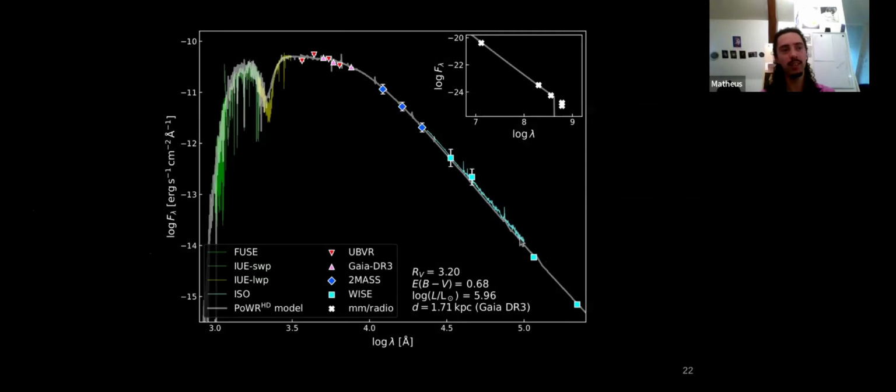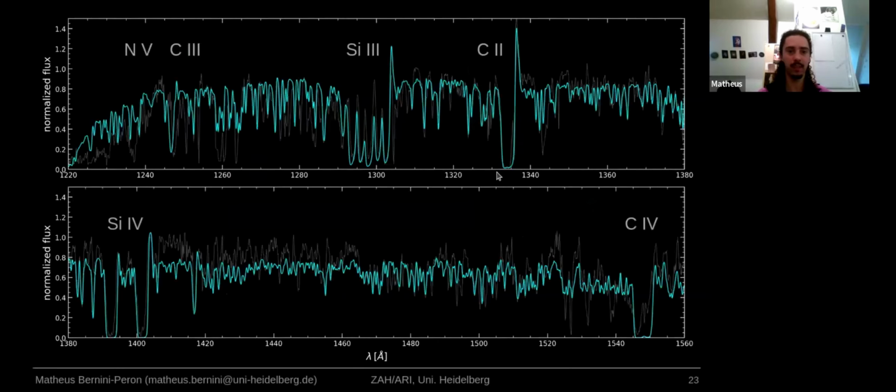So we can really take our model and put it to the test in multiple wind diagnostic regimes, not just wind diagnostics, but also photospheric as well. So from the far UV, which will trace wind properties, up to near UV, optical, and mid-infrared.